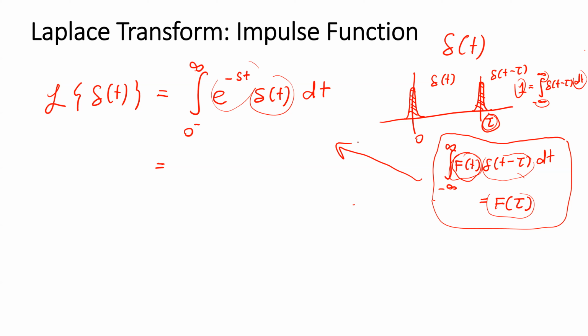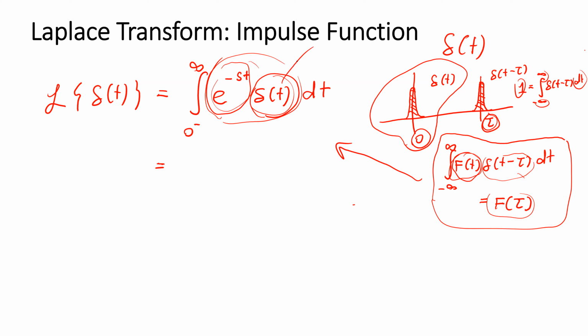But here it can clearly be seen that we need this property, because when we need to obtain the integral of the product between e to the power minus st and the delta function at time equal to 0, the value of the product is going to be 0 everywhere except when time equals 0, where e to the power minus st has a value.